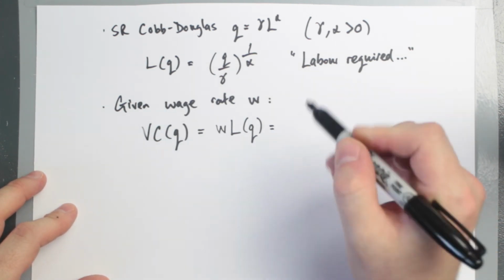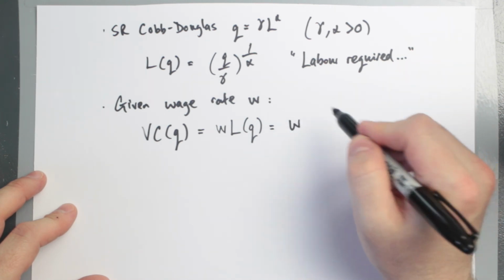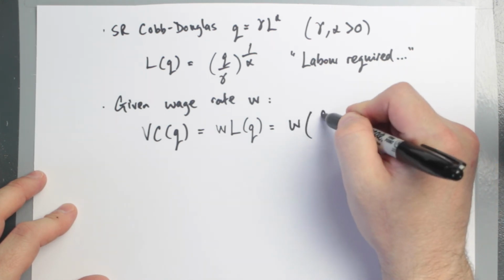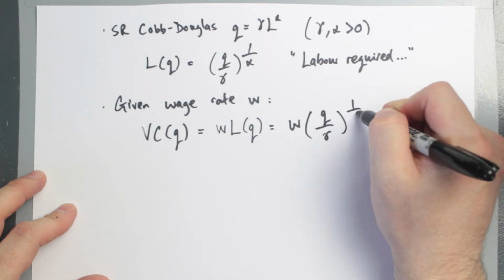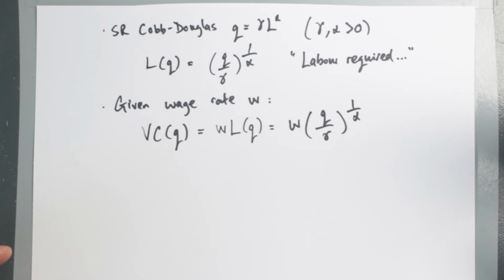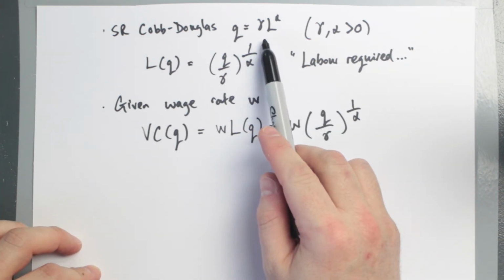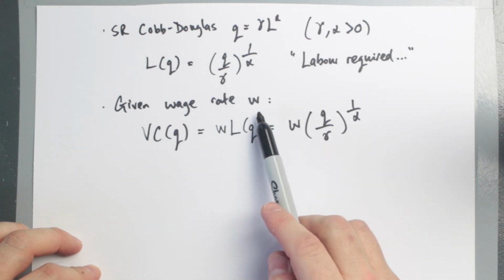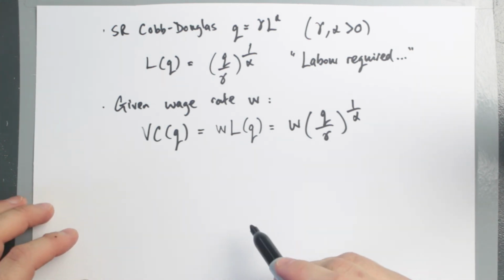So I could write the variable cost of Q is equal to W multiplied by Q over gamma to the power 1 over alpha. Okay, so now I have, starting from a short-run production function and assuming the wage rate is given and fixed, I could now immediately derive the variable cost function.